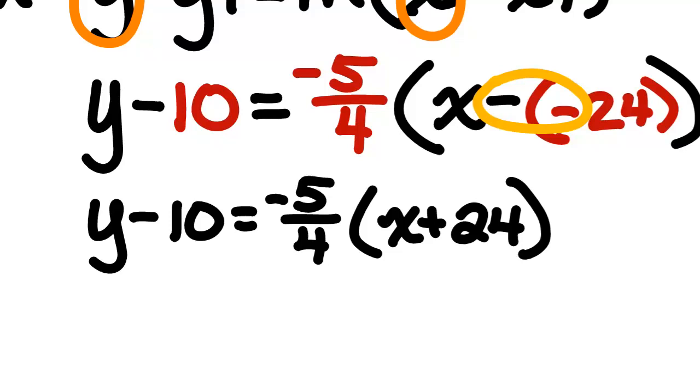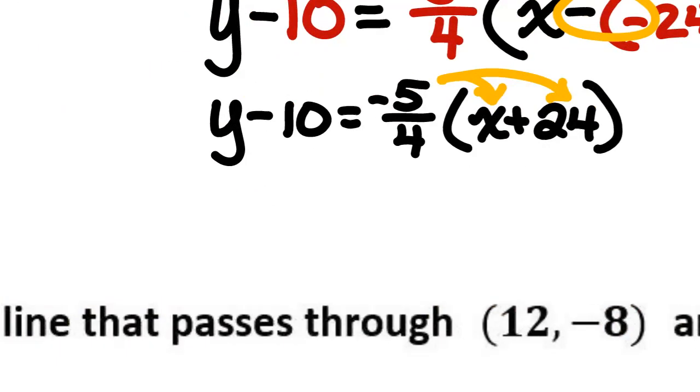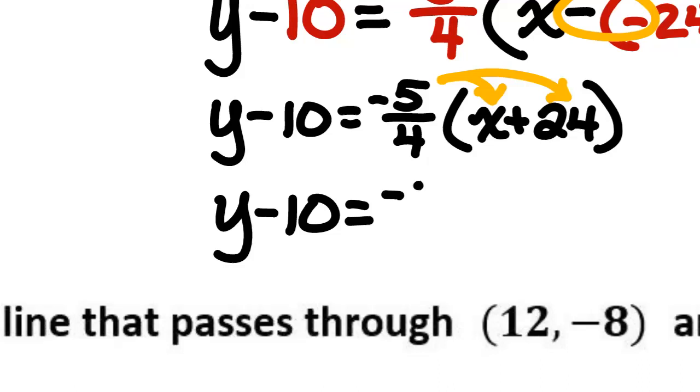We're going to distribute the slope, distribute that fraction. Left side of my equation stays the same, y minus 10. Negative 5/4 times x is just negative 5/4 x. And now I need some help.